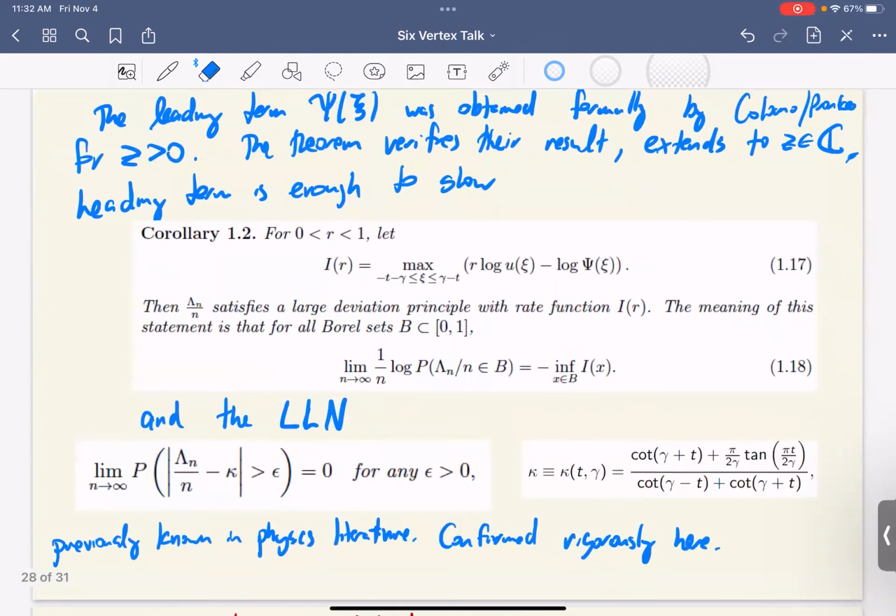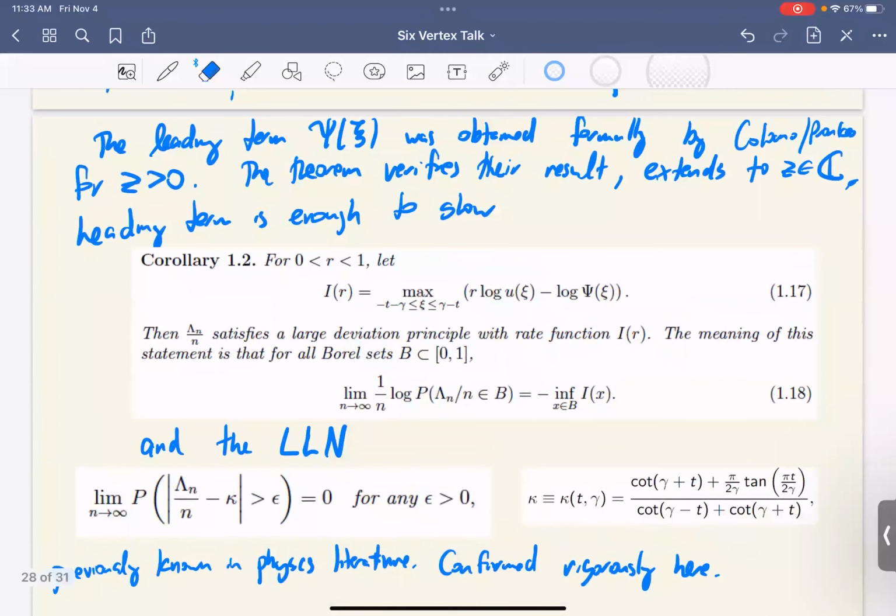And what can you do with that? Well, if you know the leading term in the asymptotics of the generating function, you can write down things like a large deviation principle for the random variable, which I don't probably have any time to explain, but that's okay.